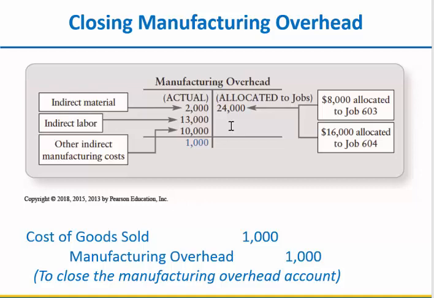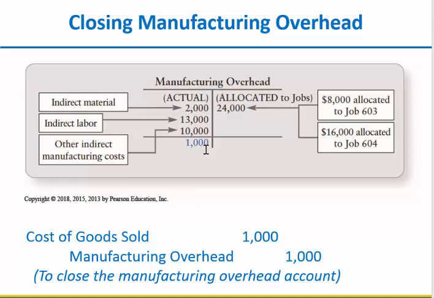The actual spending is 25,000 for manufacturing overhead, and for some reason we have only allocated 24,000 to these two jobs. So we are under allocated, right? We have to allocate it more. Therefore there is 1,000 debit left.